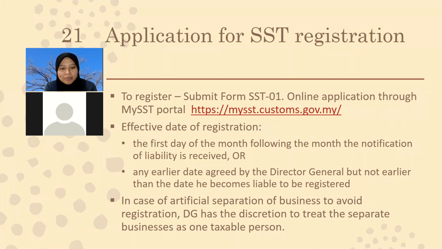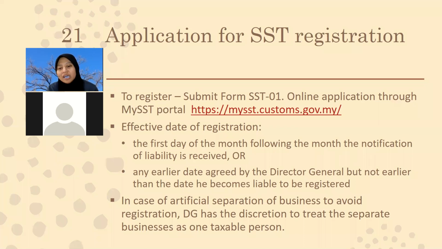In case of artificial separation of business to avoid registration, the DG has the discretion to treat the separate businesses as one taxable person. There are businesses who artificially separate their business to avoid reaching the 500,000 threshold. They register the business under different names. One is business A, one is business B, one is business C, but maybe the activities are very similar and they're operating at the same place.